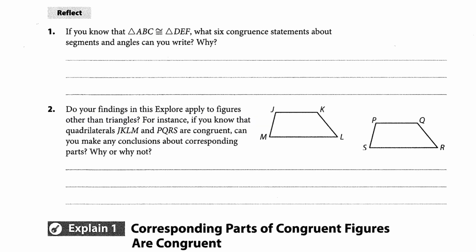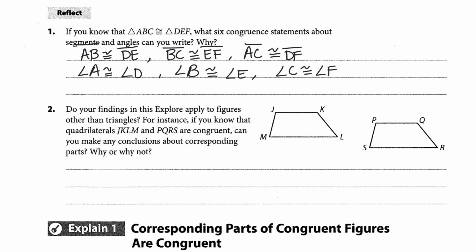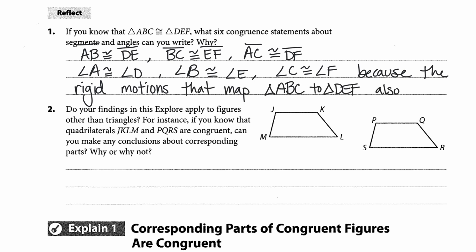If you know that triangle ABC is congruent to triangle DEF, what 6 congruent statements about the segments and angles can you write? We can write 3 congruences between the sets of sides and 3 congruences between the sets of angles because the rigid motions that map the triangles together also map the sides and angles together.